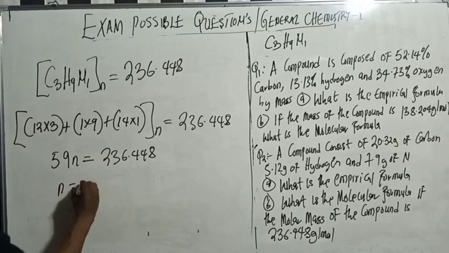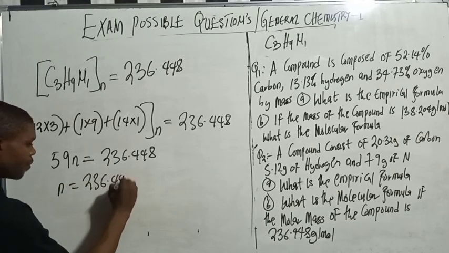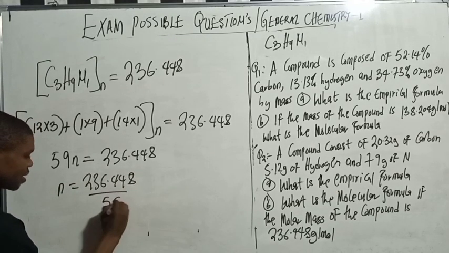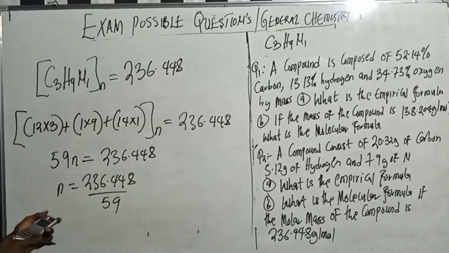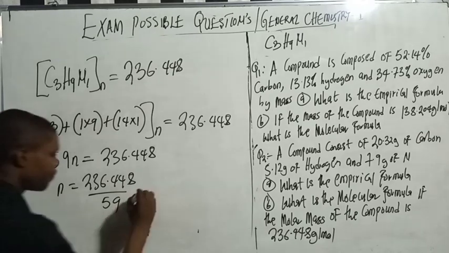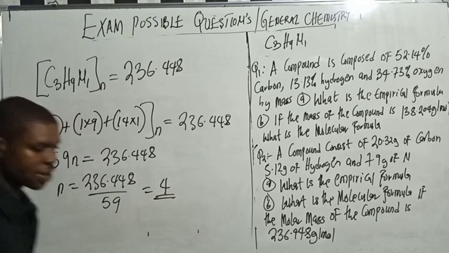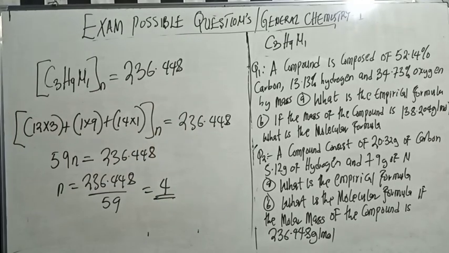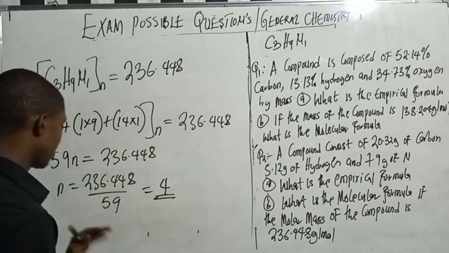So my n is going to be 236.448 over 59. 236.448 divided by 59 gives 4. Can you see that? So the answer is 4.